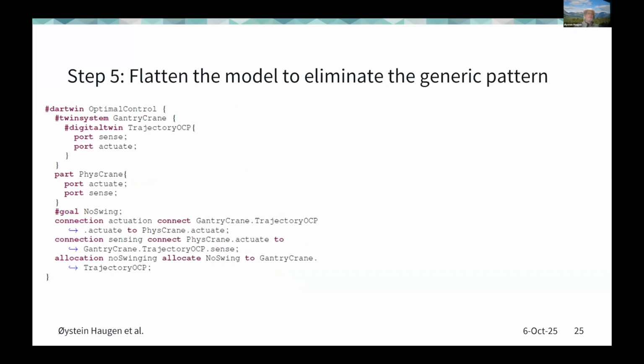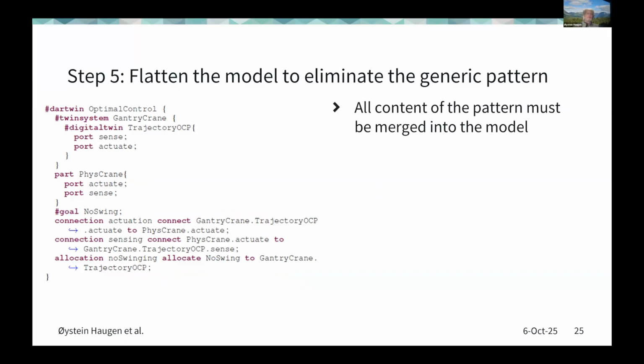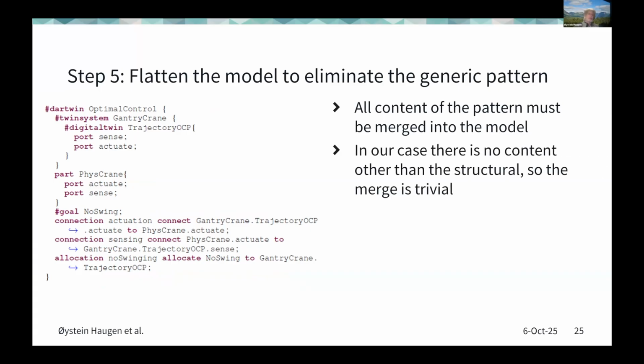And we will, in the end, flatten the model so that the pattern that we are trying to use is no longer visible in the system. So all the contents of the pattern is now merged into the model. In our simple case here, there was only structural mechanisms in this.